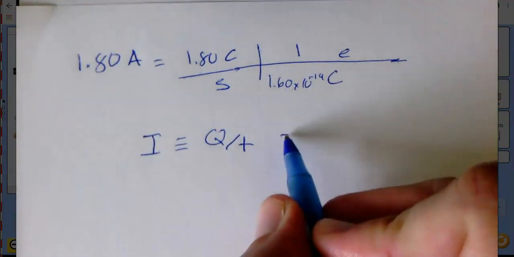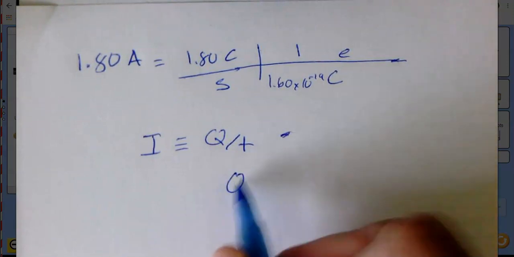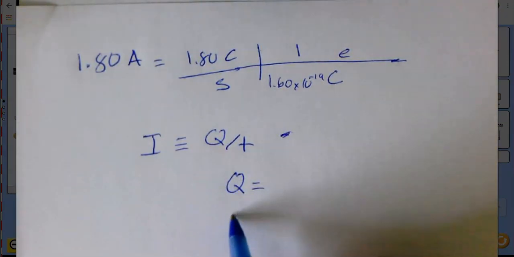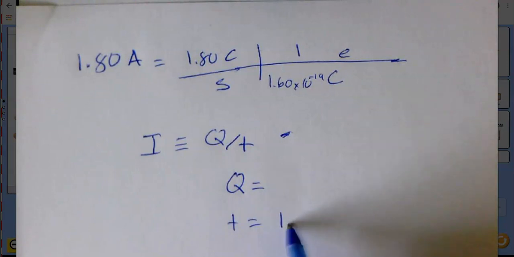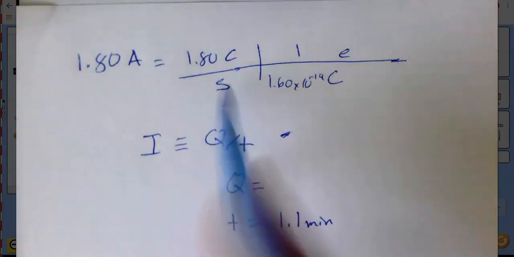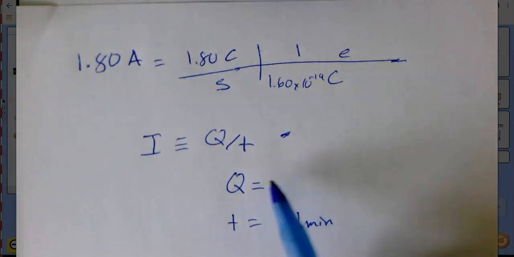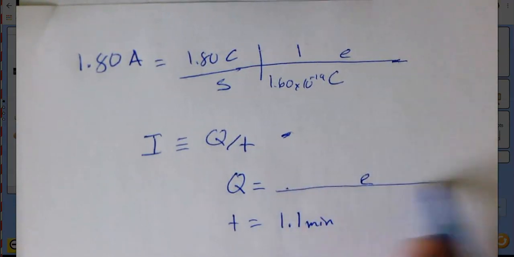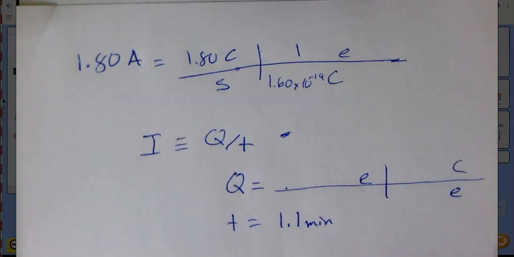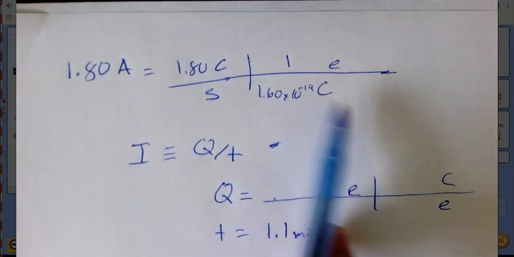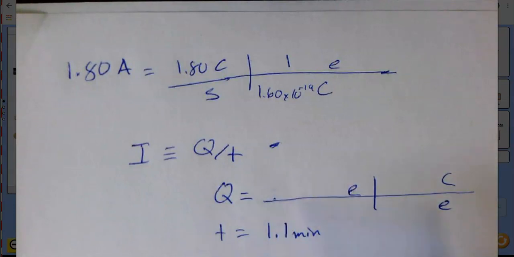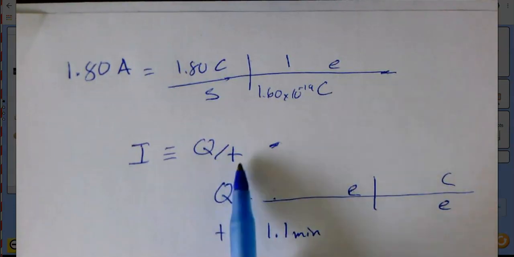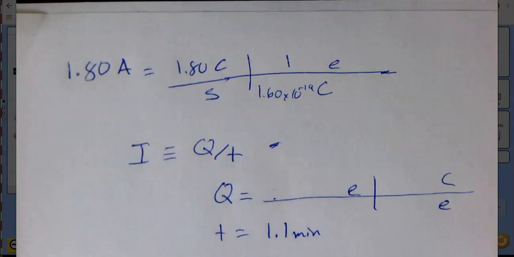So basically find Q. The time they gave you is 1.1 minutes, but you don't want minutes, you want seconds to get amps. And you have to find that charge, and they gave you the number of electrons. So you have to convert from electrons to coulombs instead of from coulombs to electrons. Convert from number of electrons to coulombs, take that number and divide by the 1.1 minutes, and you'll have your answer.